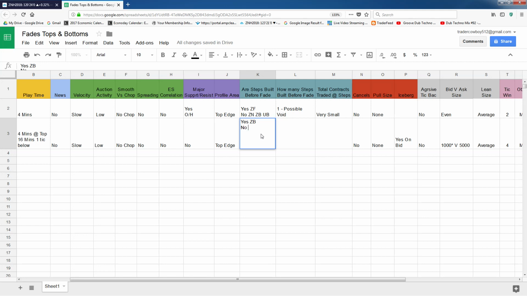No. On the ZN, ZF, or the UB. 1. I'm going to put small. Let's see what it ends up trading there, because it literally halts right there.